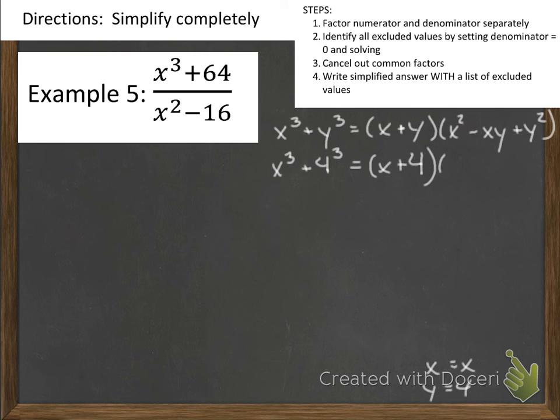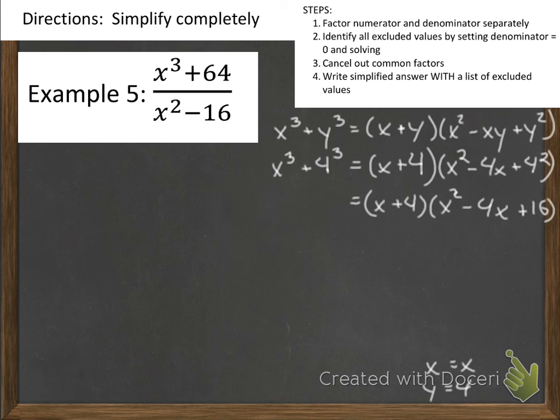This is a 4, and then this is x squared minus 4x plus 4 quantity squared. Okay, so that's x plus 4 times x squared minus 4x plus 16. Okay, so that is the factored form of the numerator.